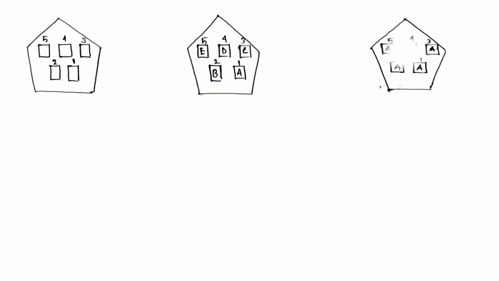So think we are treating them all like A. So now you cannot distinguish whether E is staying in room 5, or B is staying in room 2, or B is staying in room 3. Now you cannot distinguish. So there is only one state. You can consider it like one microstate corresponding to the macrostate.